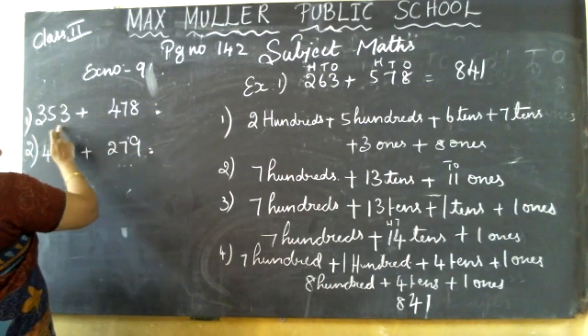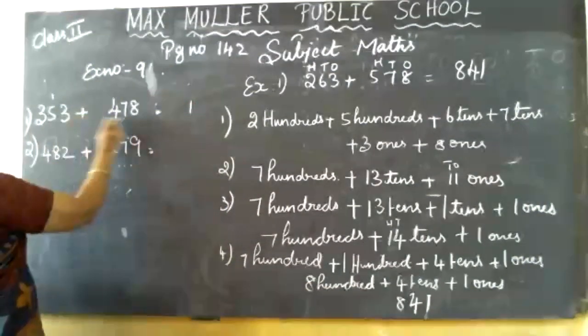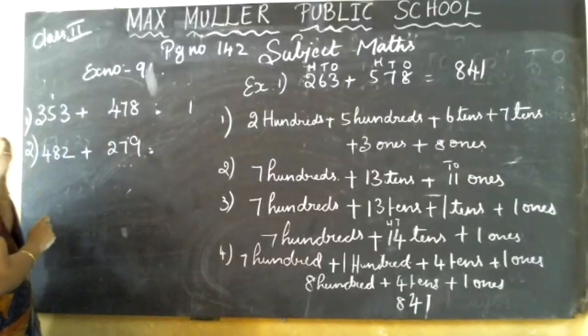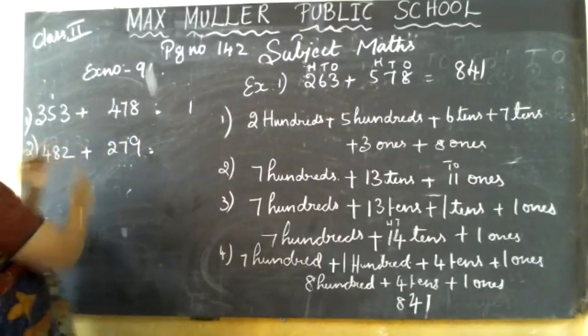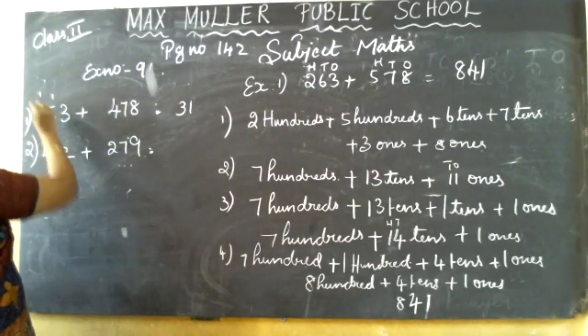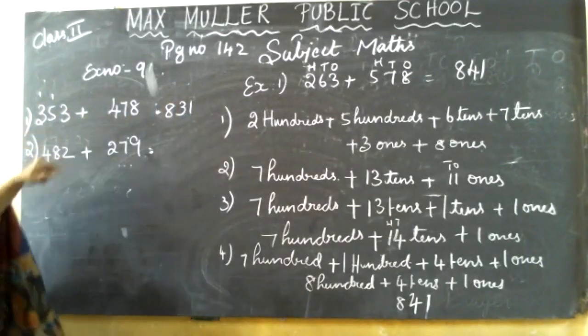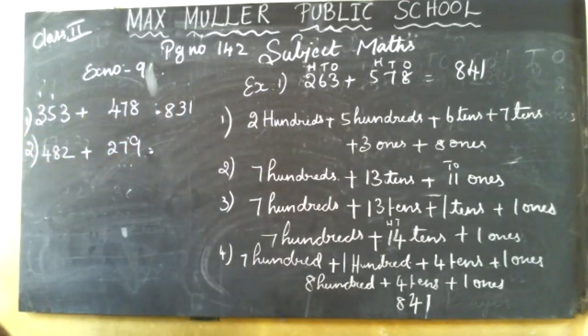See, we can add like this also. 3 plus 8, 11. 7 plus 5: 8, 9, 10, 11, 12, 13. 4 plus 3, 7, 8. Answer is 831. Like that also you can do, children.